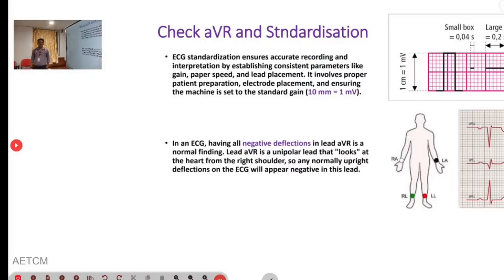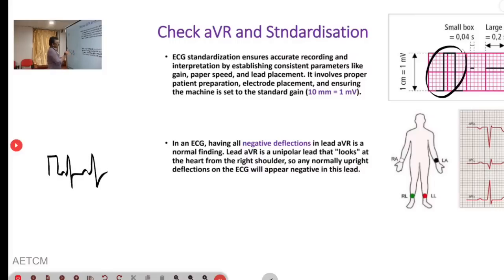Before starting ECG, you have to always identify two important things to know whether the ECG is taken normally or not. One is the standardization. In every ECG you can see this standardization on the ECG paper, then only you get QRS complexes like this.